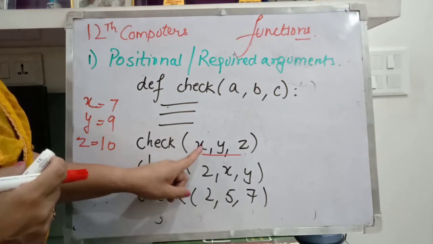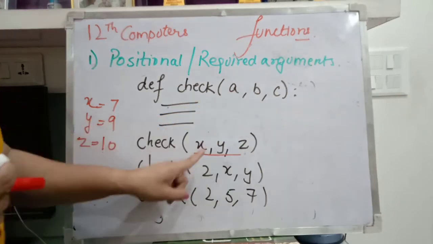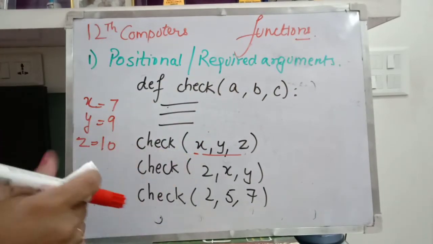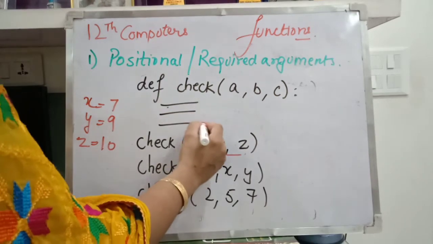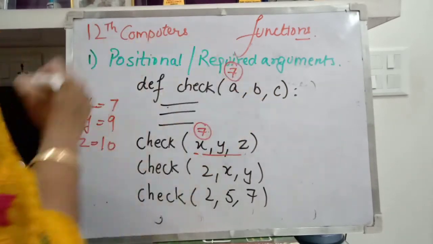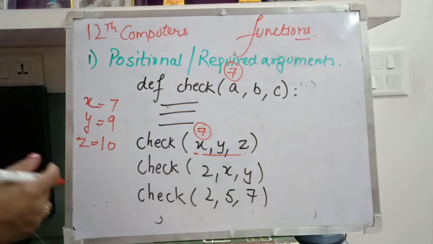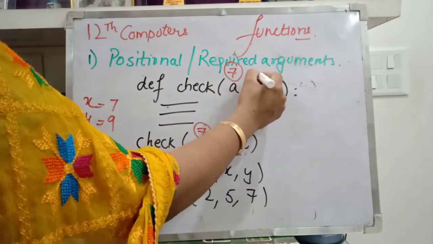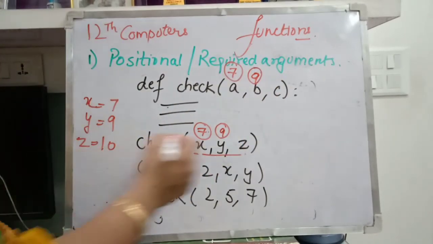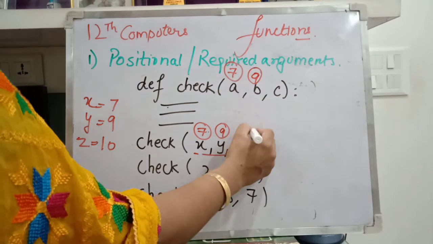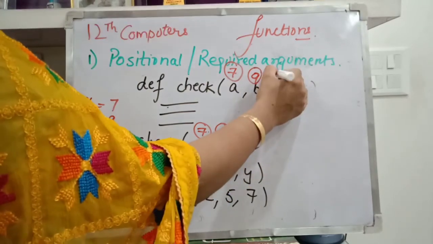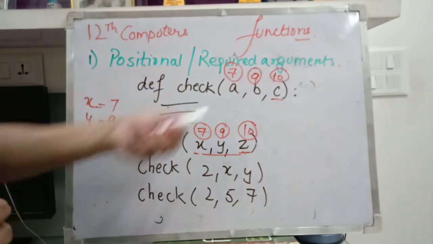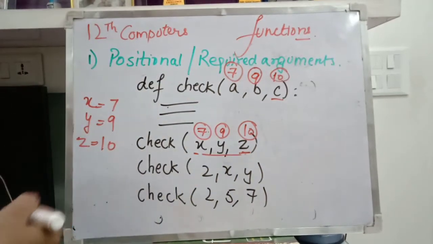If x has 7, then a at position 1 will also get 7. Similarly, y at position 2 and b at position 2 will get the same value, and z at position 3 and c at position 3 will get the same value. These kinds of arguments are known as positional arguments.